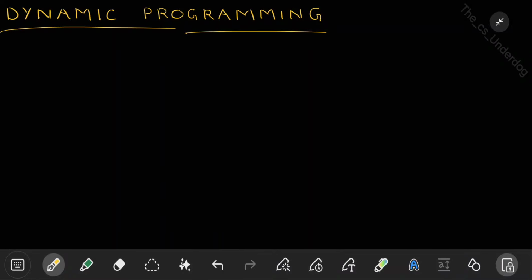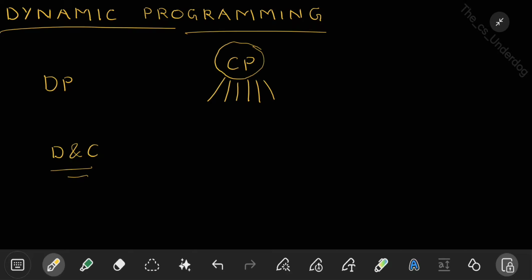Dynamic programming. Dynamic programming is a powerful algorithmic paradigm used to solve complex problems by dividing it into smaller subproblems. But the same is what we said in case of divide and conquer. When we learned about divide and conquer, we said it is used to solve complex problems by dividing it into smaller subproblems.